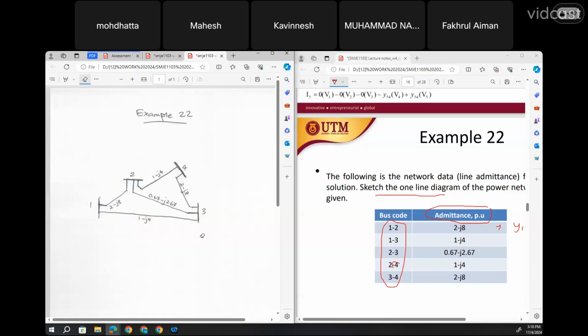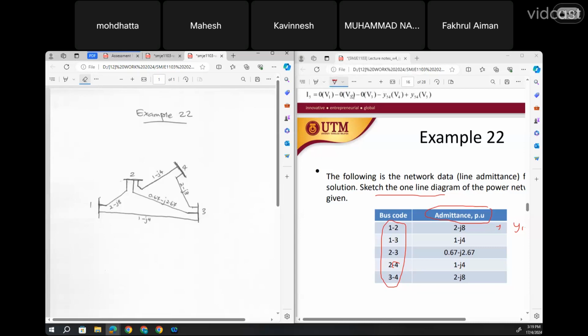But in practice, in the real world, we always have line crossings everywhere. But in order for us to understand the whole network more clearly and easily, please avoid having crossing lines between buses. It will make you confused later on.